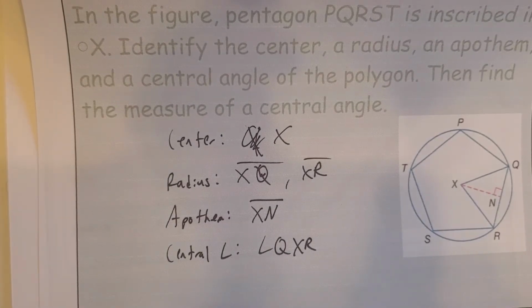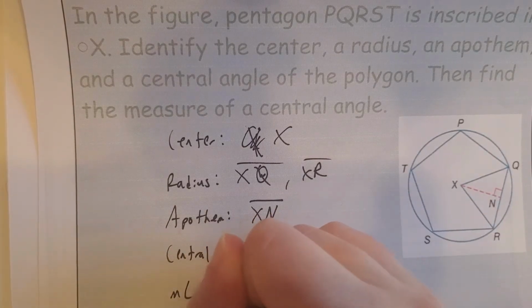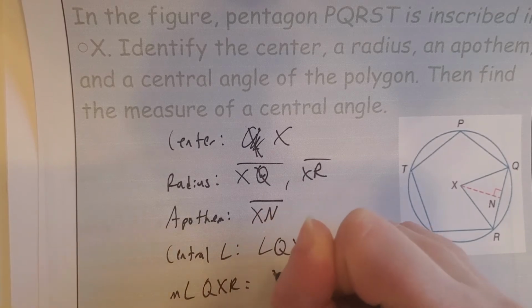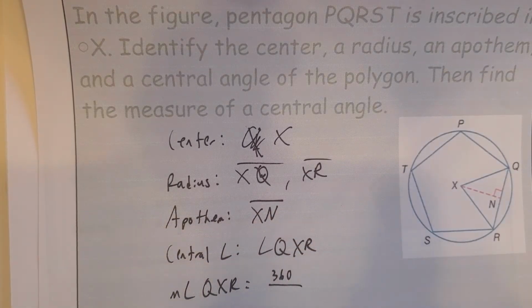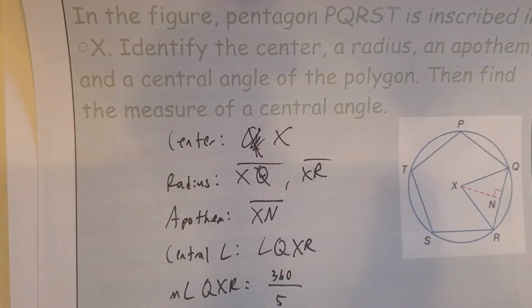There's plenty of central angles here, but we're just going to focus on the one. The measure of that central angle, so the measure of angle QXR, is 360 over n, where n is the number of sides. So since this is a pentagon, this is 360 over 5, which is 72, I think.